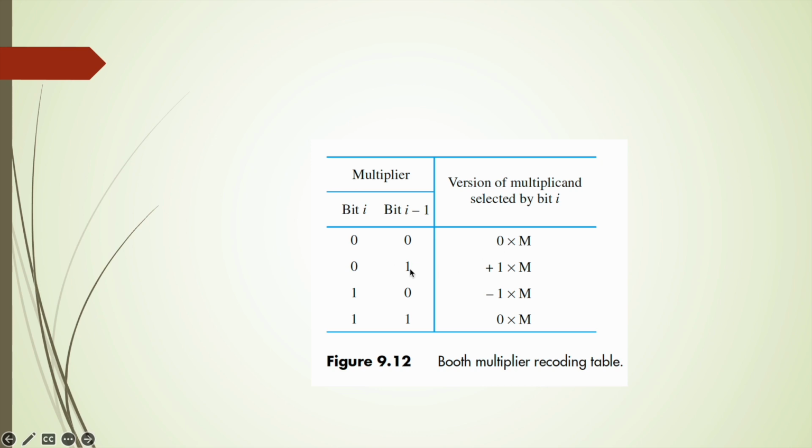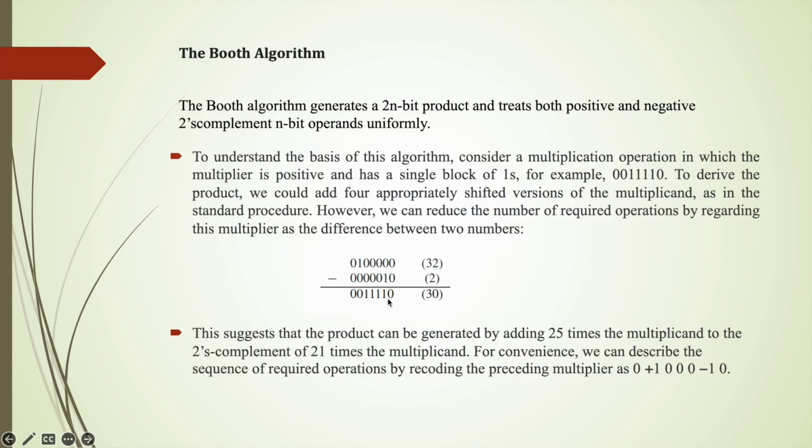If we move from 1 to 0, the value is plus 1, so we add the multiplicand. If we move from 0 to 1, we subtract the multiplicand, minus 1 into M. If it is 1 and 1, we do nothing, we just shift the values. So when we move from 0 to 1, it is subtraction, and when we move from 1 to 0, it is addition.